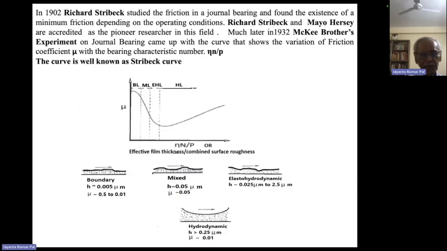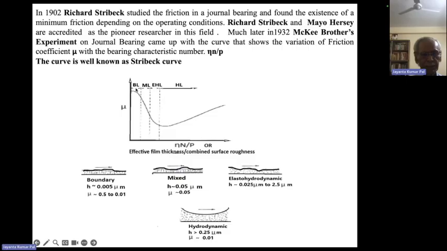This is not dry friction, or solid friction. This friction is the churning friction or fluid friction, because there is a relatively thick layer of fluid between the two surfaces, and it is the churning of the fluid that causes friction, which adds to friction. So we have got 4 lubrication modes.